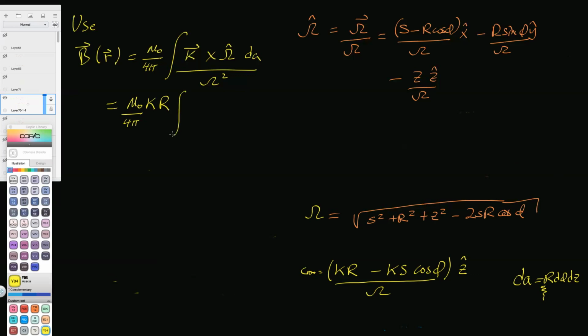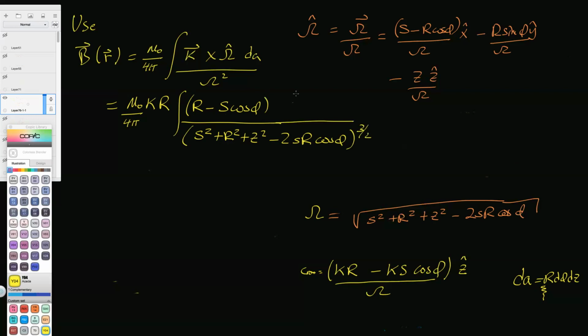So the integral is K cross R, which is R minus S cosine phi over omega, over omega cubed, right, which is S squared plus R squared plus Z squared minus 2 S R cosine phi to the 3/2.